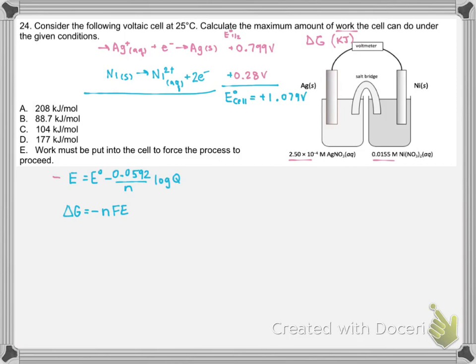So I can multiply my top reaction by 2 so that the electrons cancel, and then I can add my reactions together. We'll have 2 silver ions reacting with nickel solid to make 2 silver metals and a nickel ion. And there were 2 electrons exchanged in this process, so my N is equal to 2.